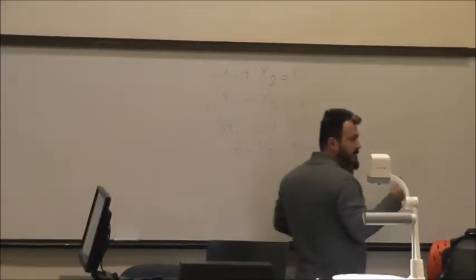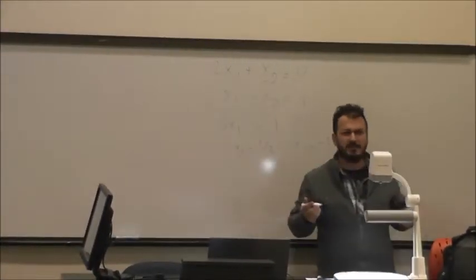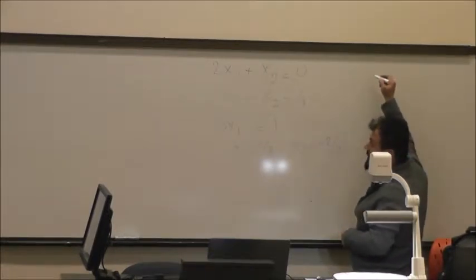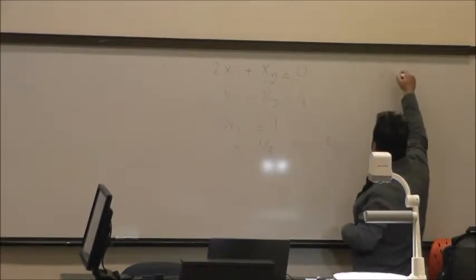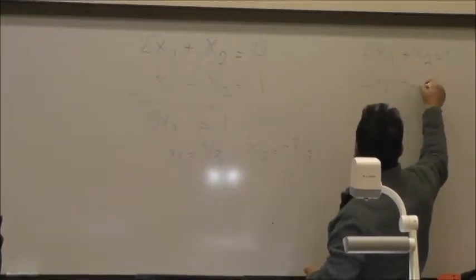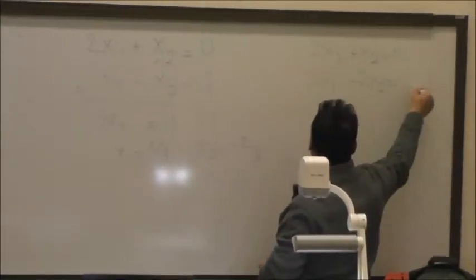Yeah. Or someone can say a different way, and I know something called Cramer's method or something. So what you can do: 2x1 plus x2 equals 0. Then I just double this, 2x1 minus 2x2 equals 2.